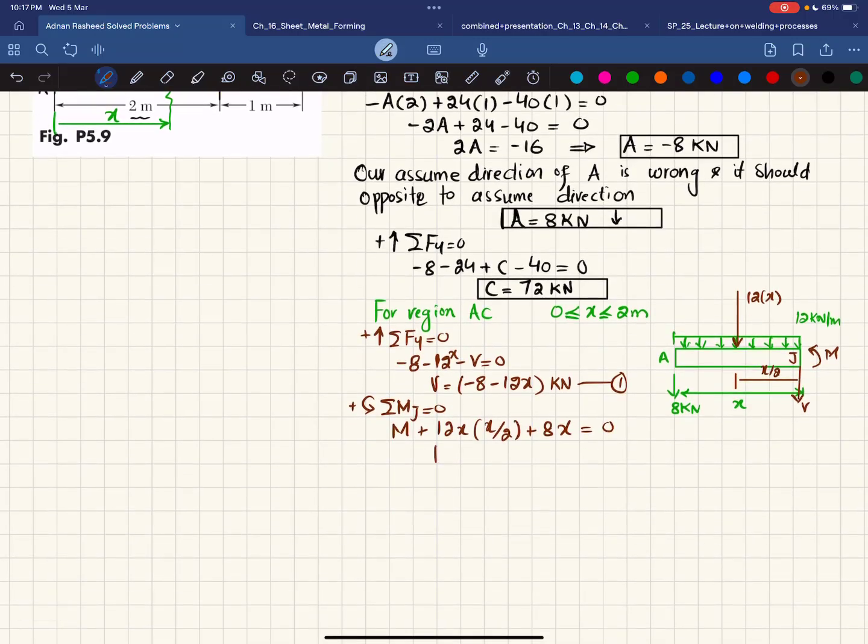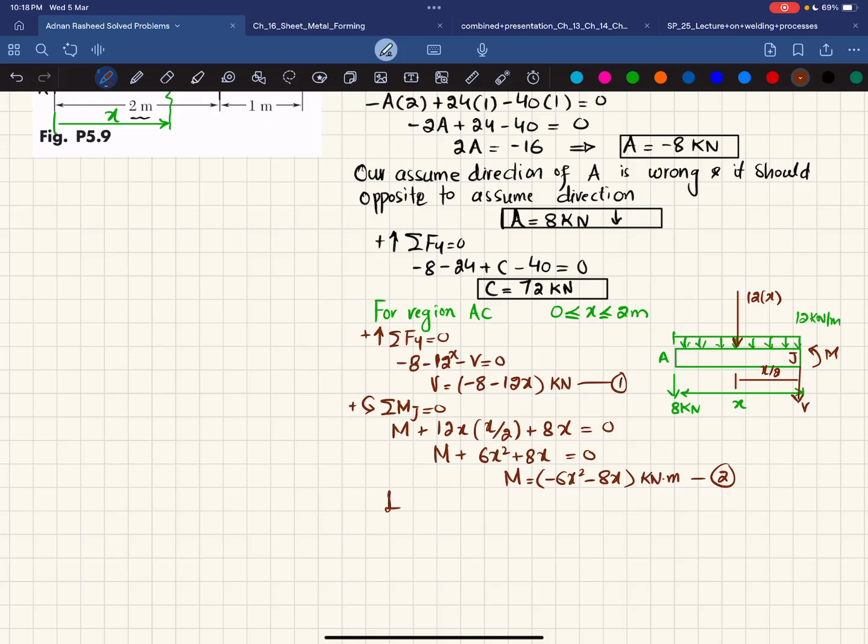If you simplify it, M plus 6x square plus 8x is equal to 0. So from here you will get the moment equal to minus 6x square minus 8x, and the unit will be kilonewton meter, and this is your equation number 2.